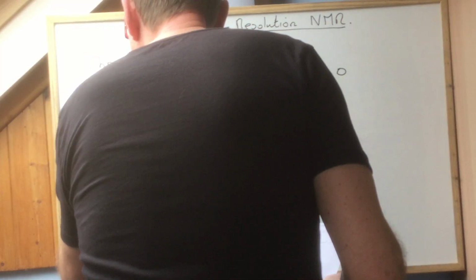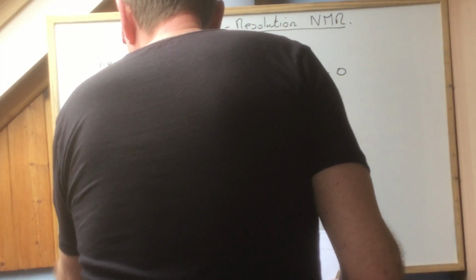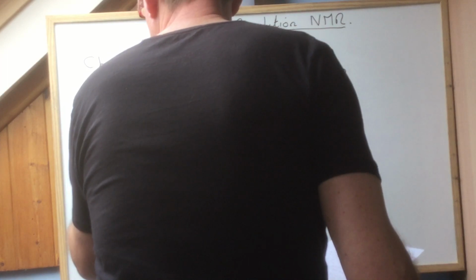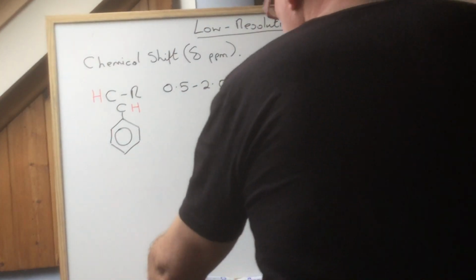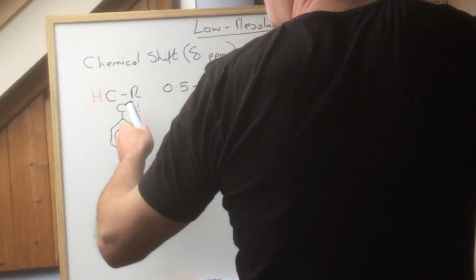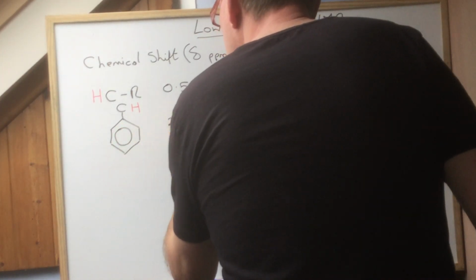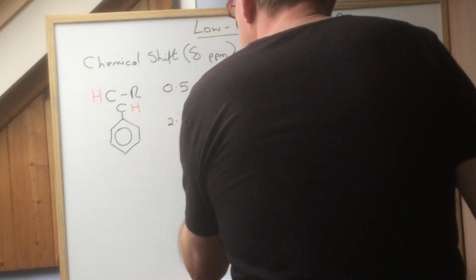Okay, now down the bottom end there's a benzene ring thing lurking. C, H. Okay, what's that all about? Well, that one's a bit easier. It says the chemical shift is 2 to 3.0.